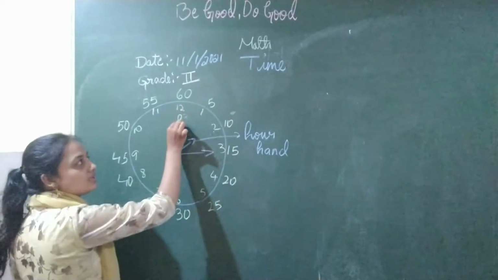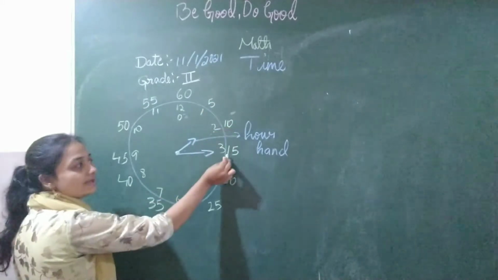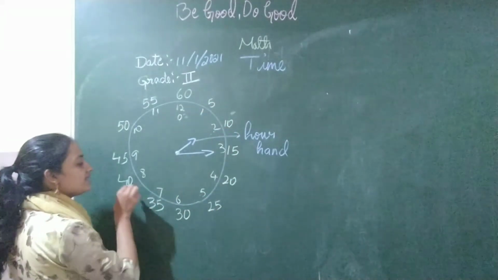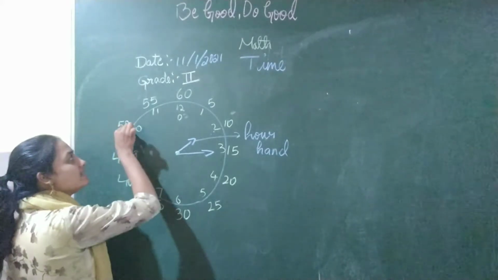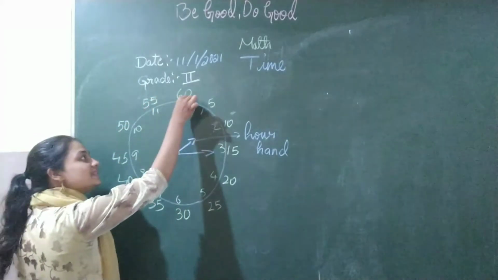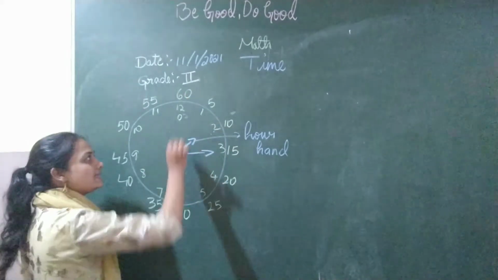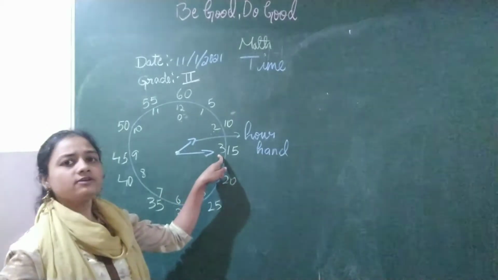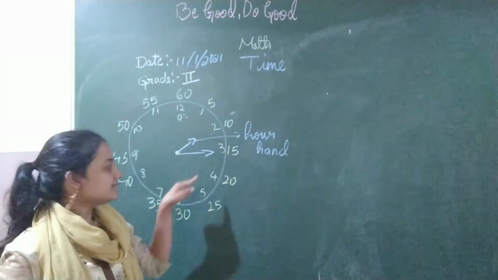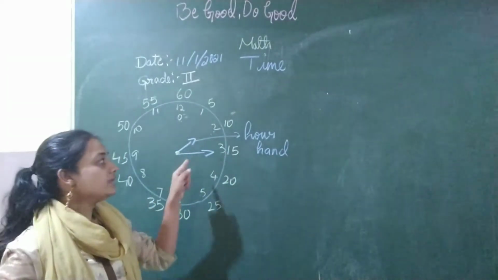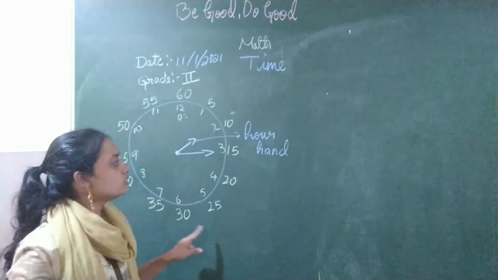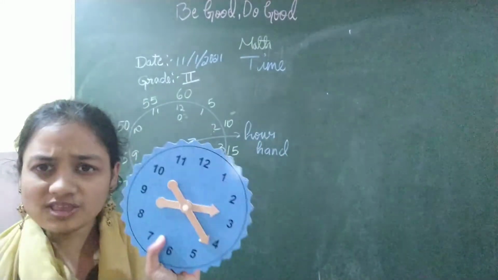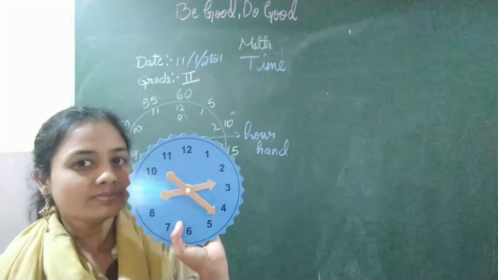Similarly, you start with 0, 5, 10, 15, 20, 25, 30, 35, 40, 45, 50, 55, 60. 60 is again nothing but 0. So, my big hand will not say the numbers inside the clock, but you should say the numbers outside the clock here.